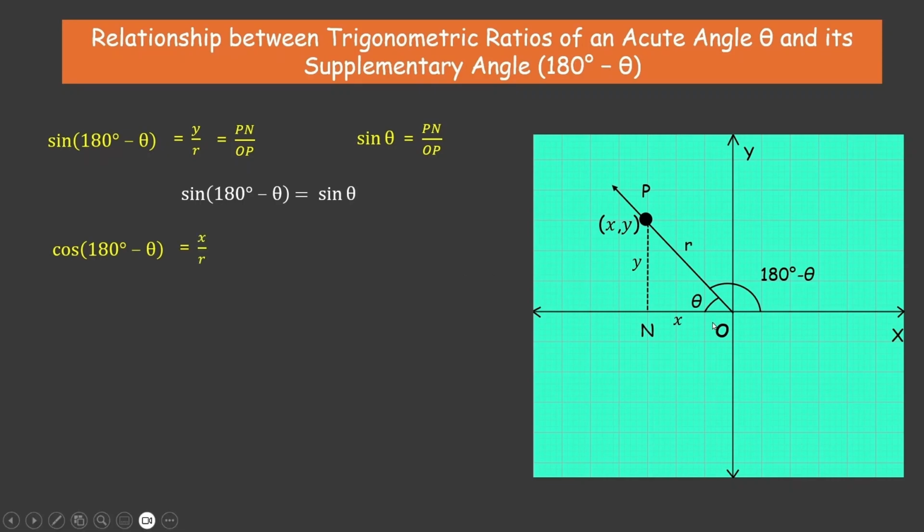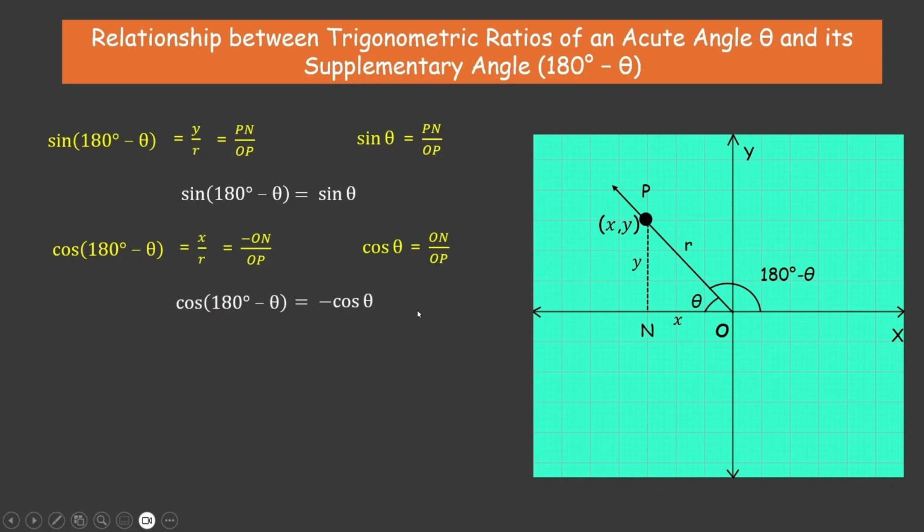Here, the x-coordinate of P is on the negative side of the x-axis. So this is going to be minus ON upon OP. And in the right angle triangle PON, cos theta is x upon r, that is ON upon OP. From both of these equations, we can say that cos of 180 minus theta is equal to negative of cos theta.